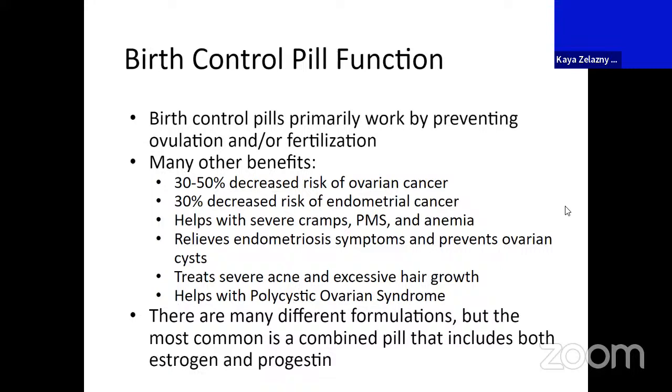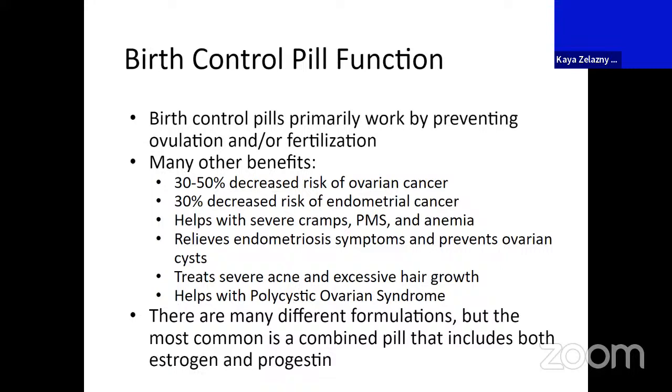As a side note, there are lots of other benefits of hormonal birth control, and particularly of this combined pill. So studies show that it basically halves your risk of ovarian cancer, as well as decreases substantially risk of endometrial cancer. Hormonal cycling causes a fair number of problems for quality of life.